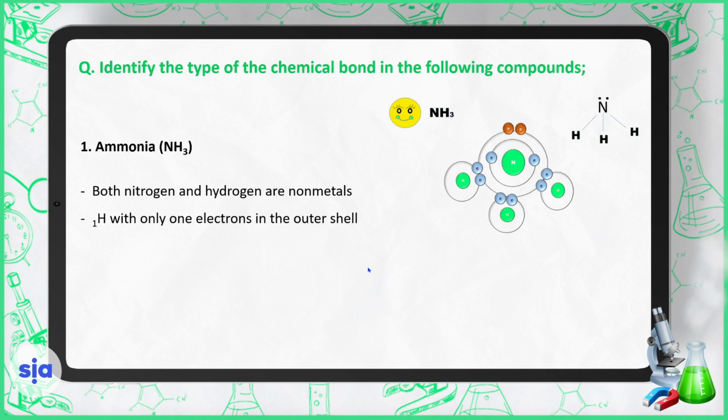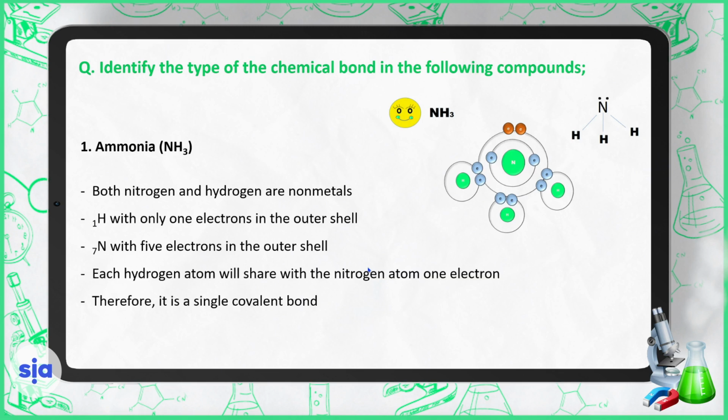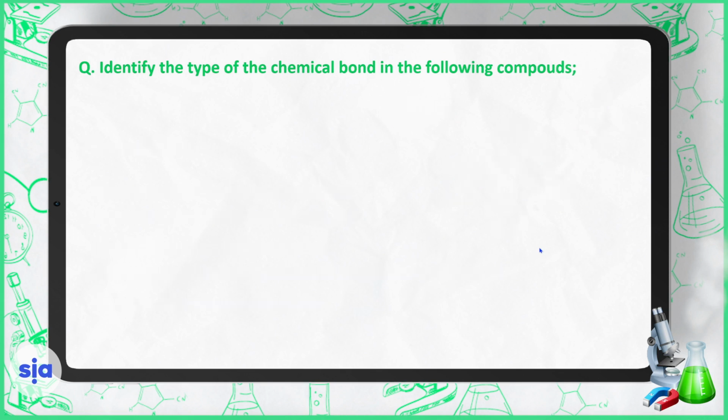Hydrogen, with only 1 electron in the outer shell, will share its single electron with the nitrogen atom, and the nitrogen will share 1 electron with each hydrogen atom. Therefore, a single covalent bond will form between the nitrogen and each hydrogen atom.